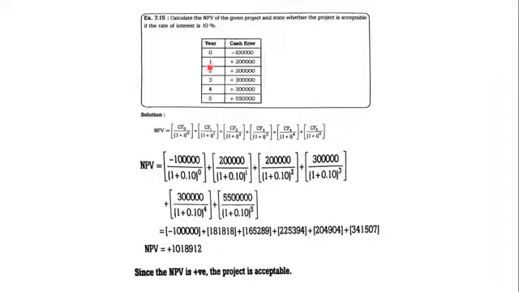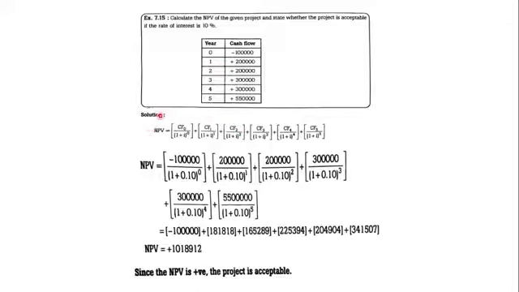For the first year it is 2 lakh, the second year 2 lakhs again, the third year 3 lakhs, the fourth year 3 lakhs, and the fifth year 5,50,000 rupees. These are the cash flows for each year, and they have given all the required data.